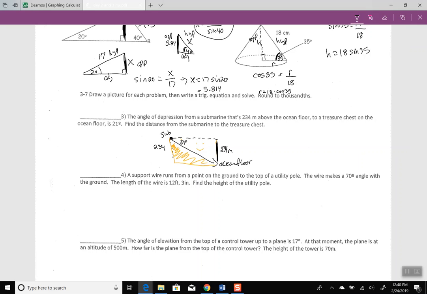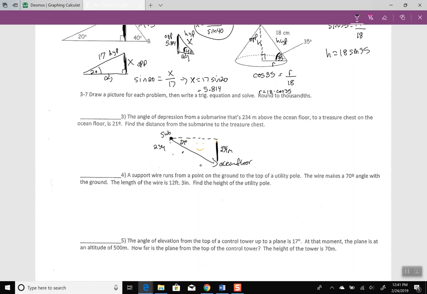So just be aware of that. You could work with this triangle technically, but just realize that this isn't a 21 degree angle. If this is 21 degrees, and this whole thing would be 90, then this would end up being a 69 degree angle. And you could then work with this triangle, but typically we don't do that.